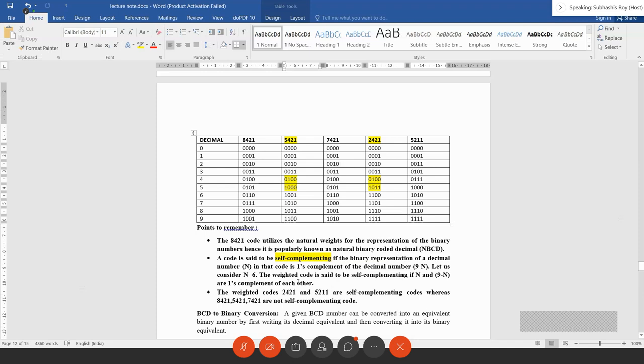Okay, so this is the way we can calculate, or understand, whether a code is self complementing or not. So what about 5211? From this table, which is visible to everyone, try to tell me whether 5211 is a self complementing code or not.